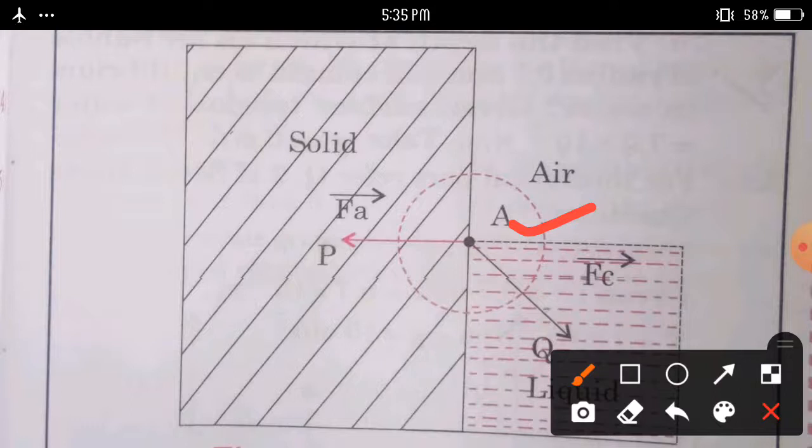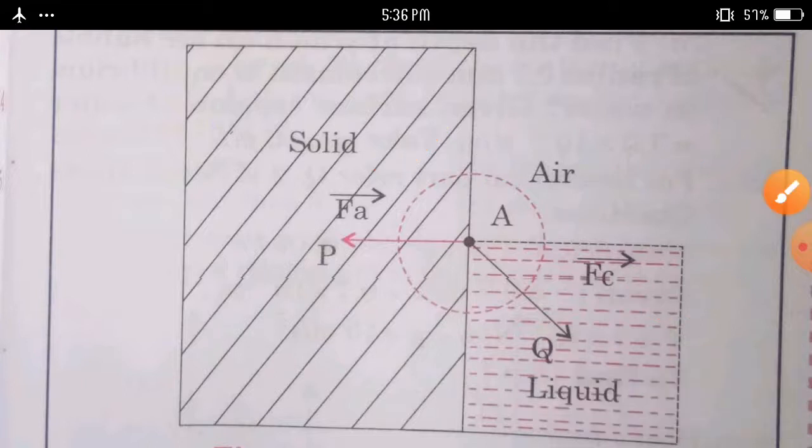Draw the sphere of influence. It is partly in liquid, partly in solid, and partly in air.